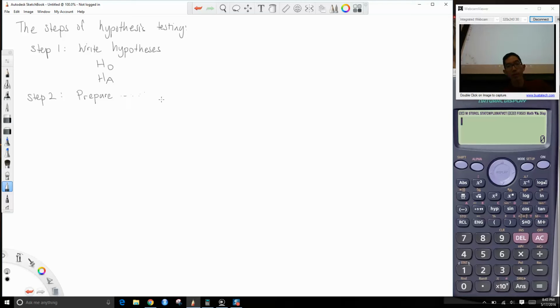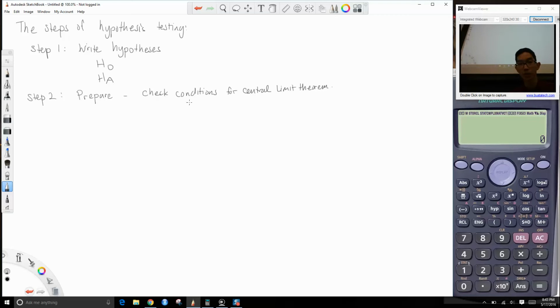And so with prepare, what we often do is we check the conditions for the central limit theorem. Okay, so you should do that.